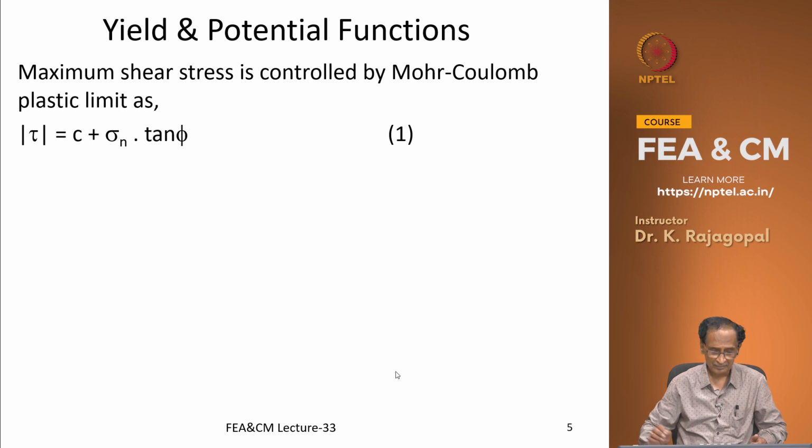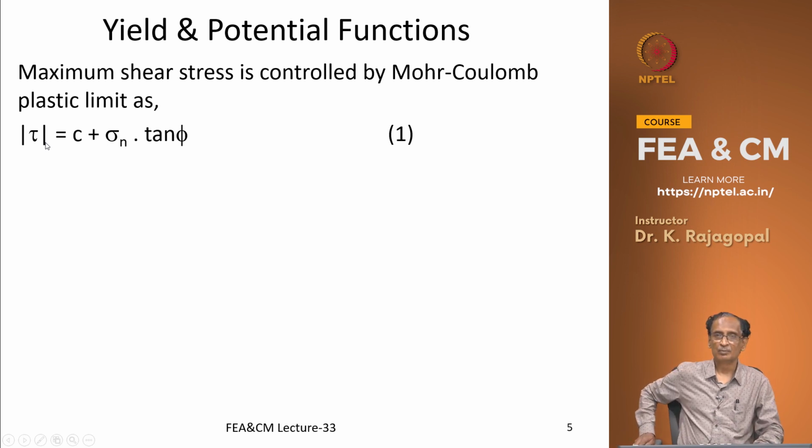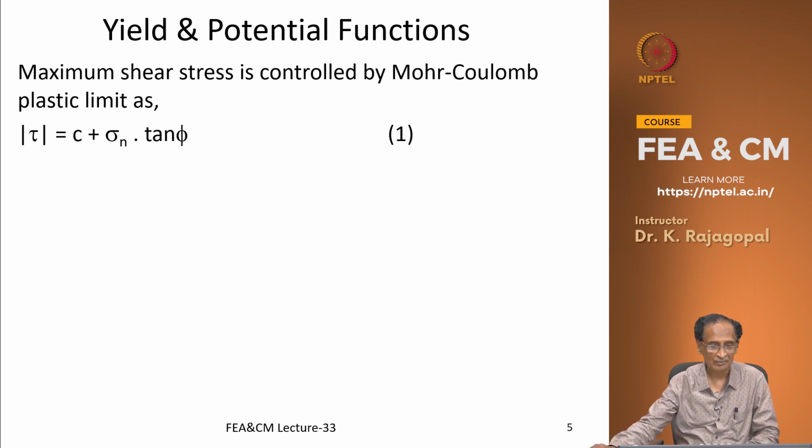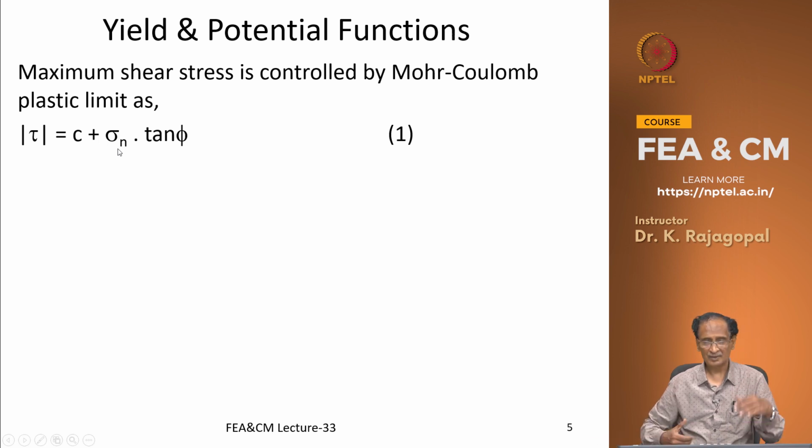And let us say that we are using a Mohr-Coulomb relation for the limiting shear stress, and because the shear stress could be either positive or negative with the same consequence, we can write tau as c plus sigma tan phi, where our compressive stress is taken as positive.